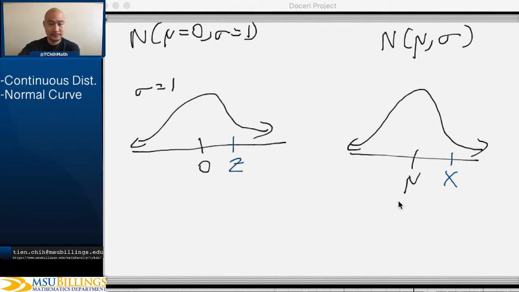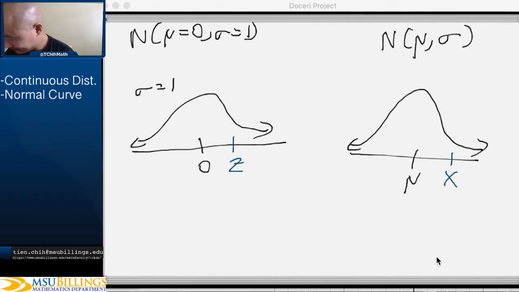And so what I want us to get out of this is that every single value on this curve has a corresponding value on this curve, and vice versa. That for every z there's an x, and for every x there's a z, and there's a way to go forwards and backwards between these two curves.